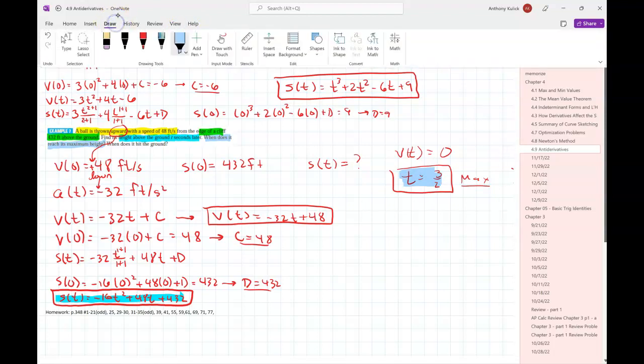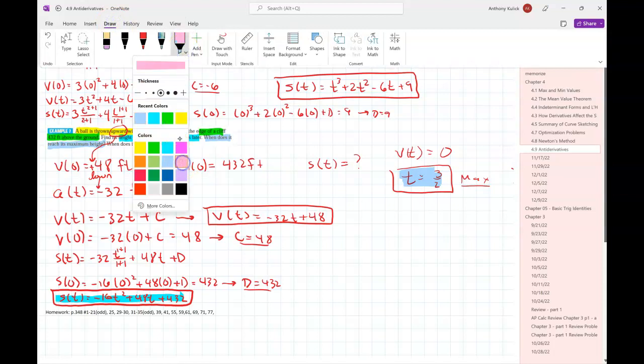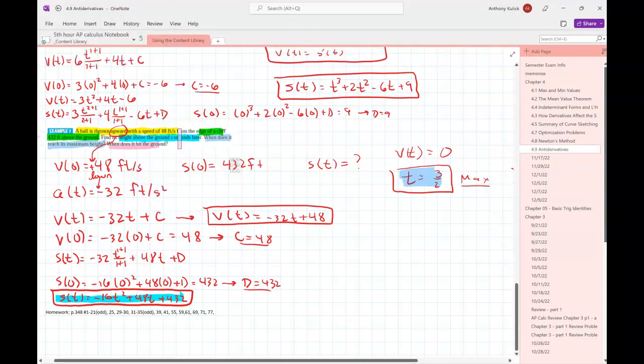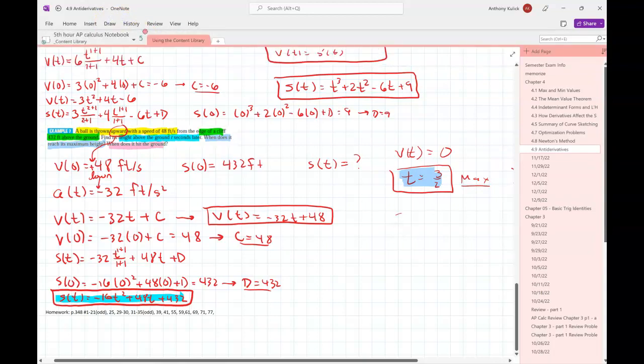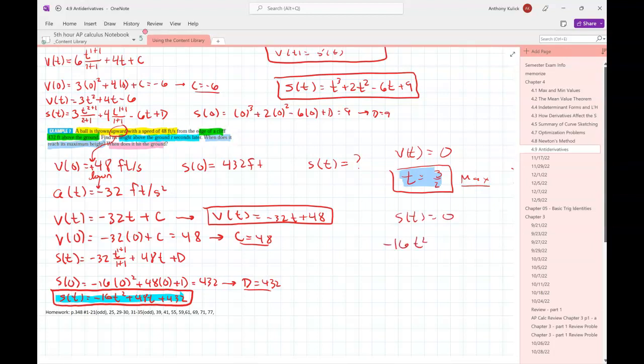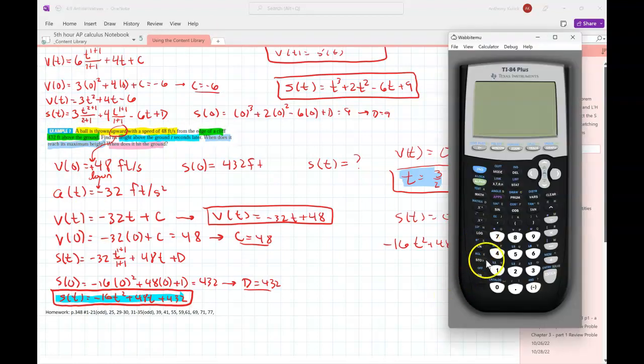And then it asks also, when does it hit the ground? What do we want there? Yeah, very good. When s of t is equal to 0. 16 and 48 are both divisible by 16. I wonder what about 432?